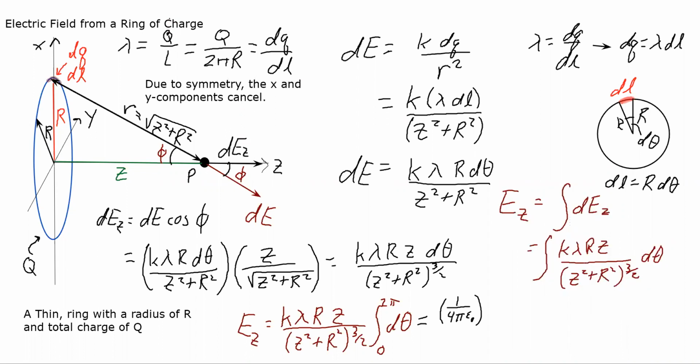Okay, so lambda, Q over 2 pi R, capital R. Then we have R. Then we have Z. Down here we have Z squared plus R squared, to the 3/2. And then the integral d theta gives us 2 pi.